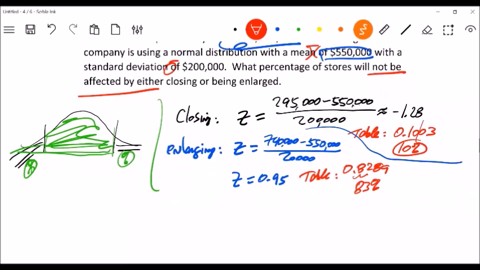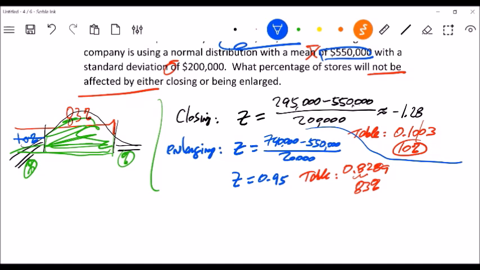So this amount up to here is 83%. And this amount here is 10%.